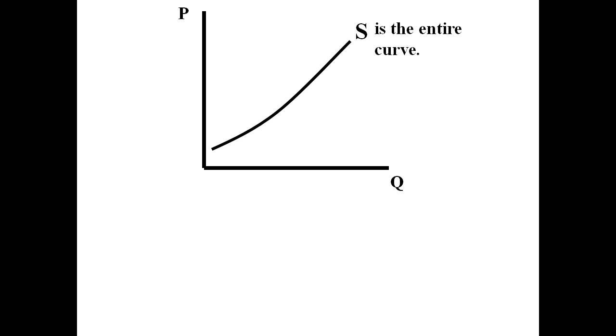All right, so when we're talking about supply, we're talking about the entire curve. A change in supply is going to shift the entire curve, and that is going to happen when factors other than price change. When price changes, that changes quantity supplied, and that is going to move you from point to point on the curve.